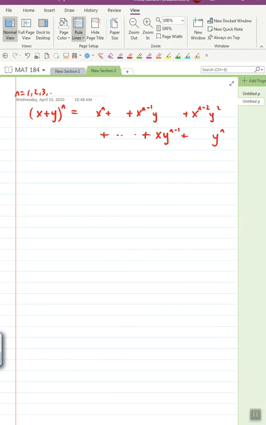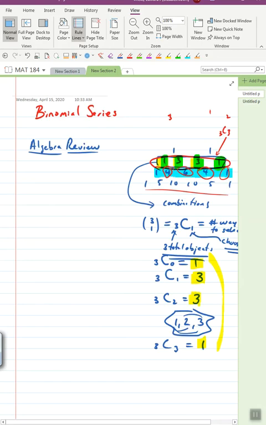It turns out that the mystery coefficients that show up in this expansion of the binomial, all these missing coefficients where I'm leaving the blanks, are the numbers from that Pascal's triangle. So which row am I talking about? This is the row for 3 choose something.